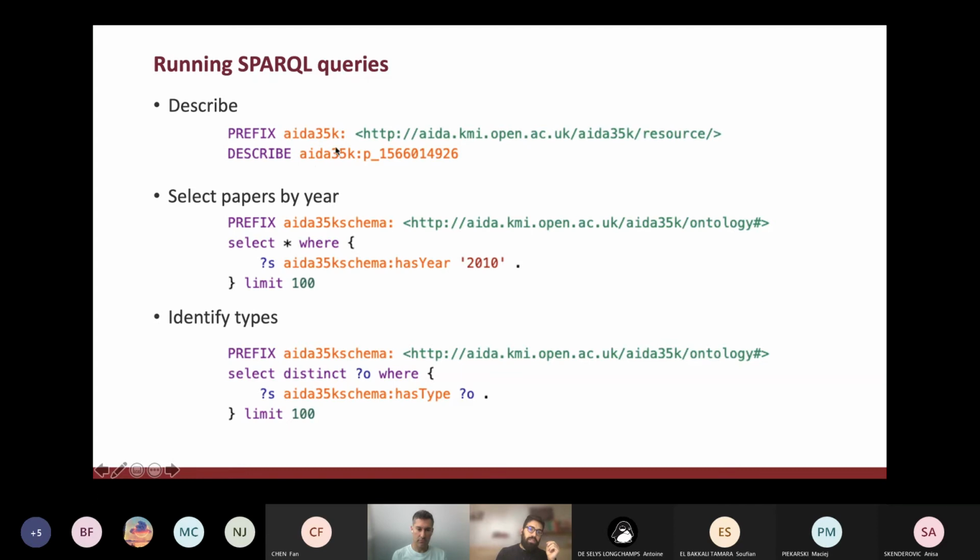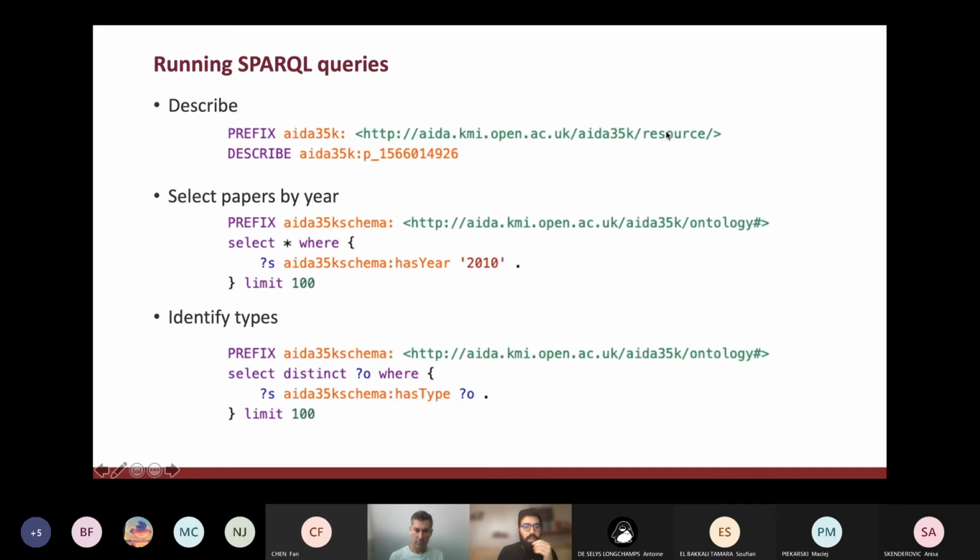So every time there is AIDA 35K, it is going to refer to this. Those are called syntactic sugars, a way of shortening your syntax and making it more legible. It's very easy to read that you are describing an entity that belongs to this URI.